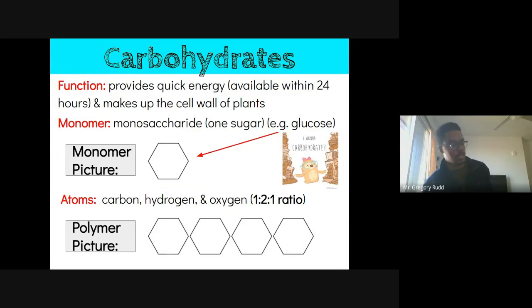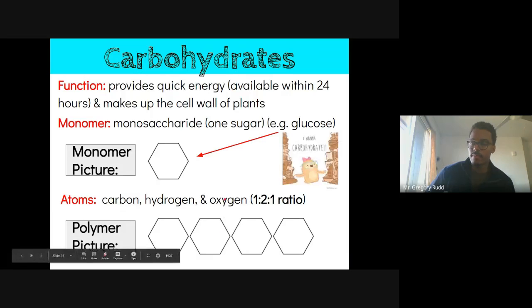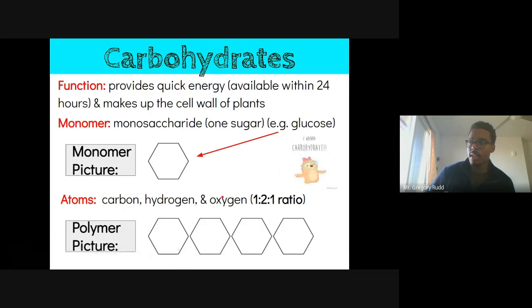Okay, Jason says 6. Anybody else want to throw an answer in there? If I've got 3 carbons, how many oxygens should I have? We'll ask about hydrogens next.